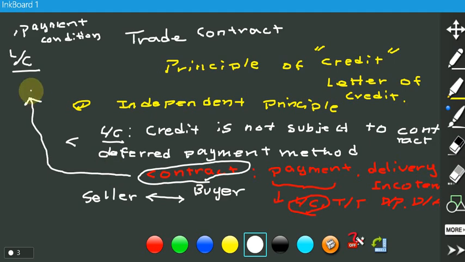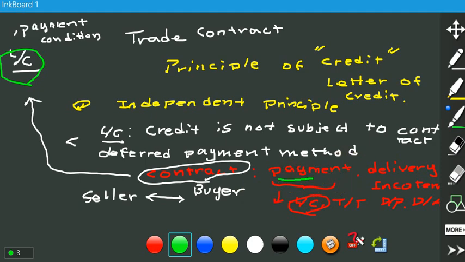But one thing we have to be cautious about: even though this letter of credit comes from the payment condition of the contract, it doesn't have to be the same. The letter of credit doesn't have to be the same as the content of the contract payment.